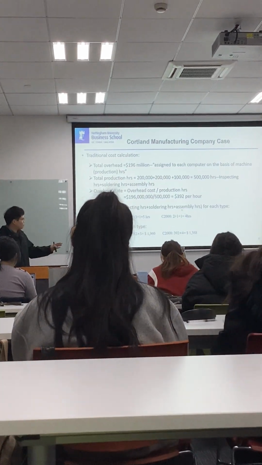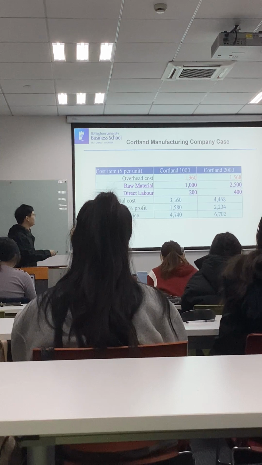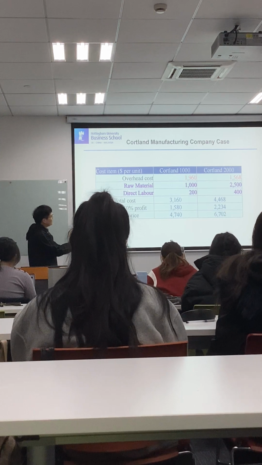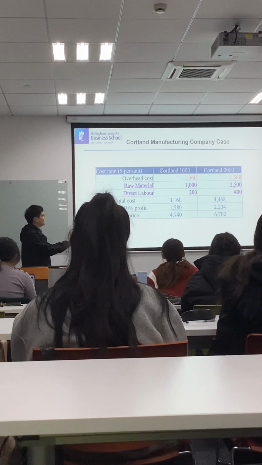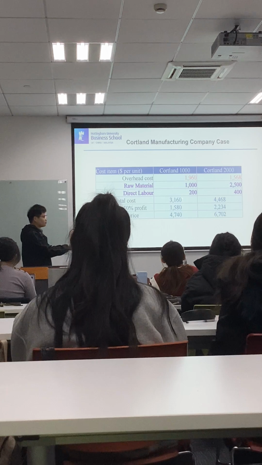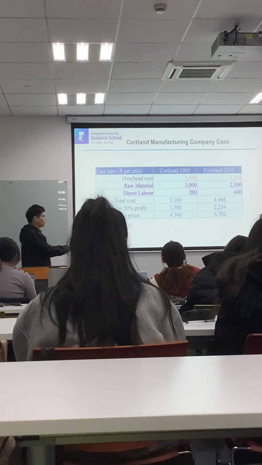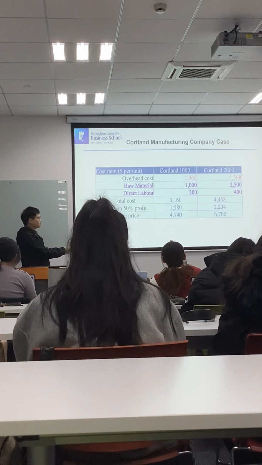Based on the pricing rule, we sum up the raw material for type 1 and the direct labor for the first type, and then we have the total production cost for the first type. In the same way, we can derive the total production cost for the second type.